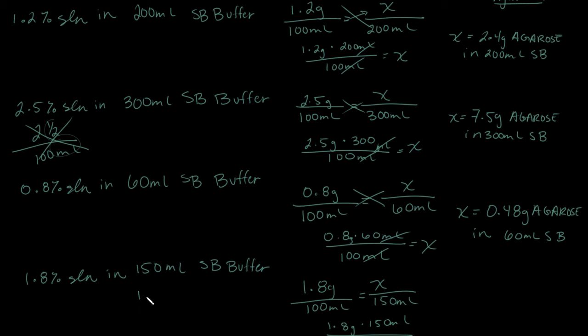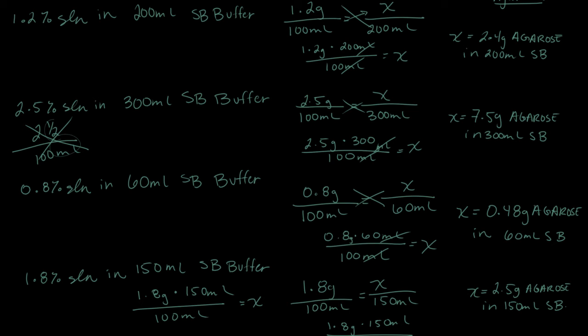And so we have 1.8 grams times 150 milliliters over 100 milliliters is what we've got going on down here, is equal to X. X is ultimately equal to 2.7 grams agarose in 150 milliliters SB. And there we have it.